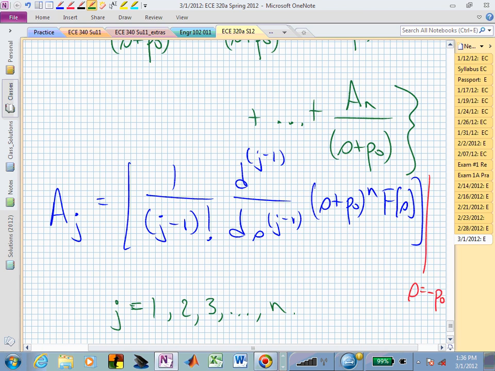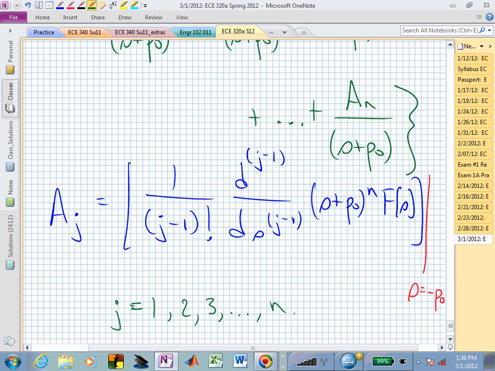Meaning, let's just look at some of the limiting cases. What if we had j equal 1? That's A1, and that's actually case 1, isn't it? So we shouldn't have to differentiate for that case. But we have 0 factorial. Good.